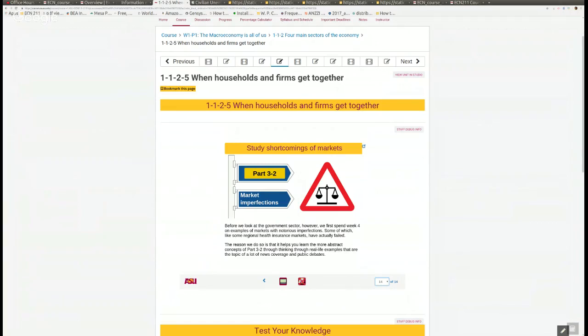Those are markets for public and quasi-public goods, markets for knowledge and education, market for healthcare, etc. So you're going to go and think about what the shortcomings are in each of those markets. Tell a little story about what each of those markets has as a shortcoming.